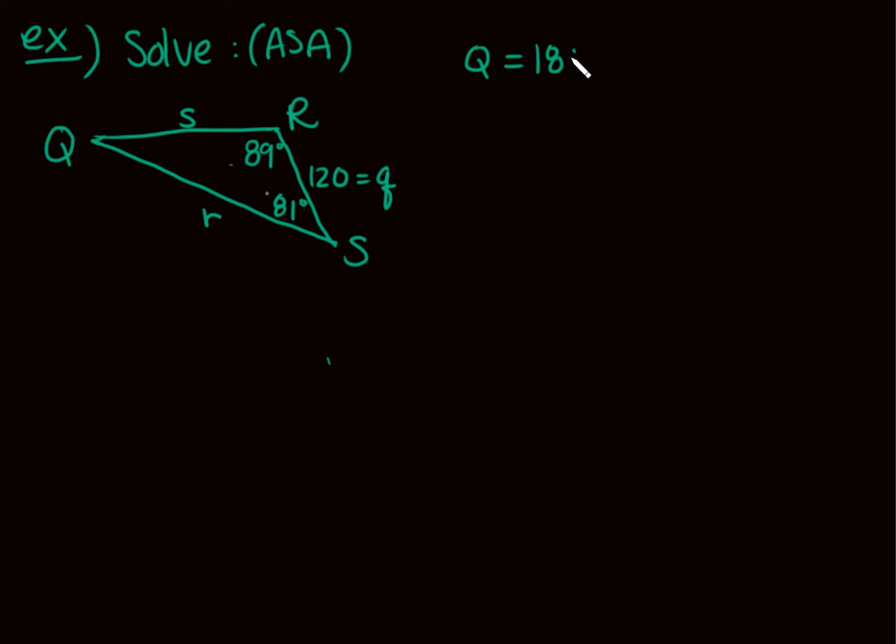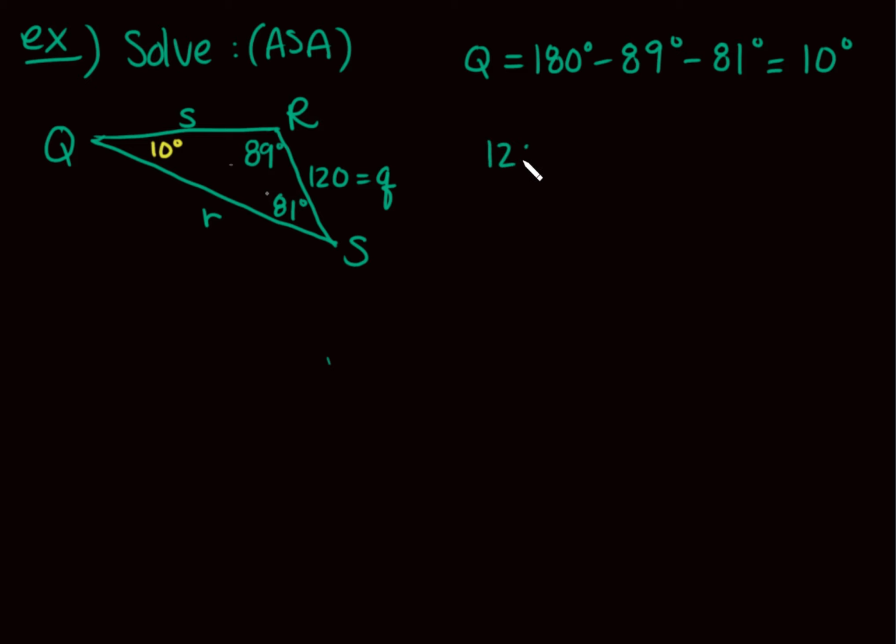So I'll take 180 minus 89 minus 81, right? And that 180 minus 89, it's going to be a pretty small angle. Yeah, 10 degrees. Okay, so I have found then that Q is 10 degrees. Now I can use that relationship between Q and little q, right?